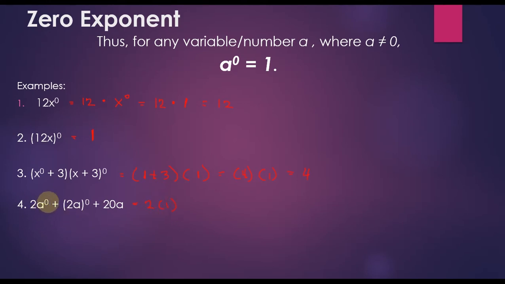Again, a raised to 0 is our 1. Plus, look again, the 2a here is the base of our zero exponent. So it means this whole expression is equal to 1 plus 28.